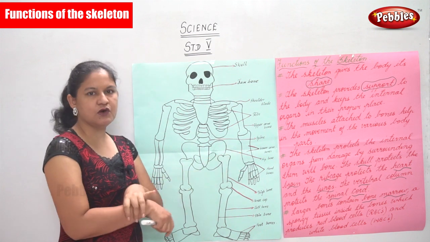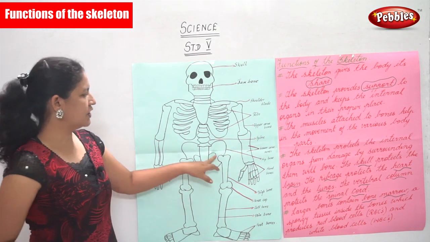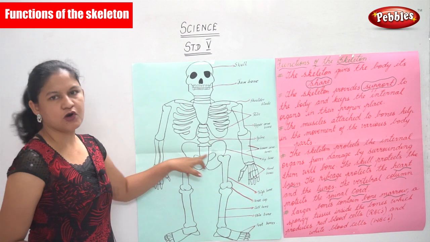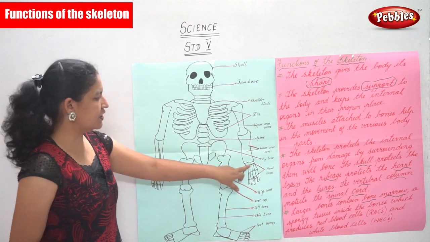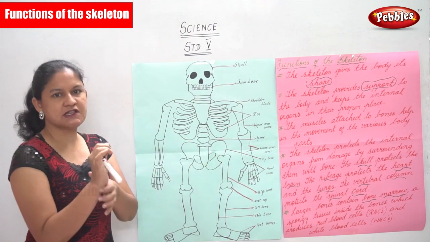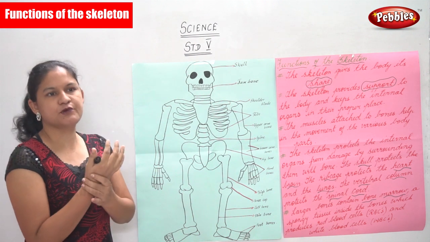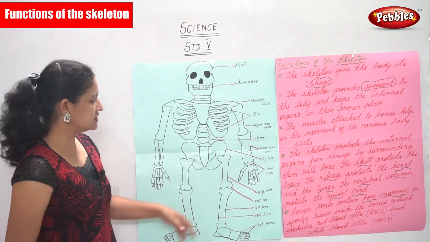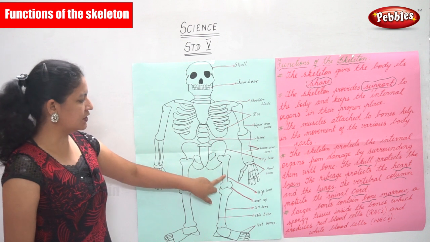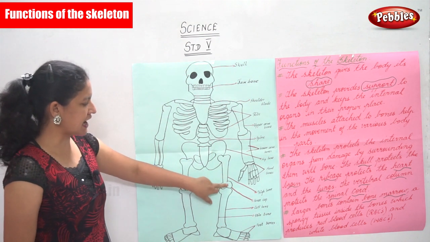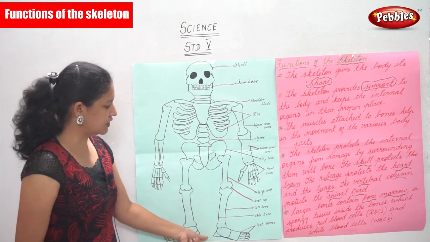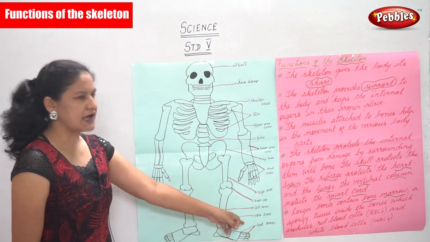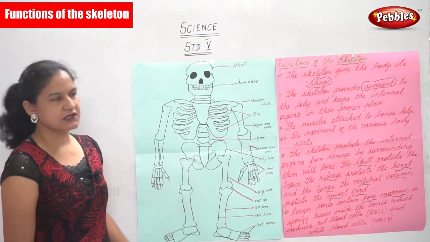Then we have the lower arm bones. We have the hip bone or the girdle. Then we have the hand bones, the wrist, the fingers, all comprising the hand bones. We have the thigh bone. Then we have the kneecap, the calf bone, the shin bone, and the foot bones.